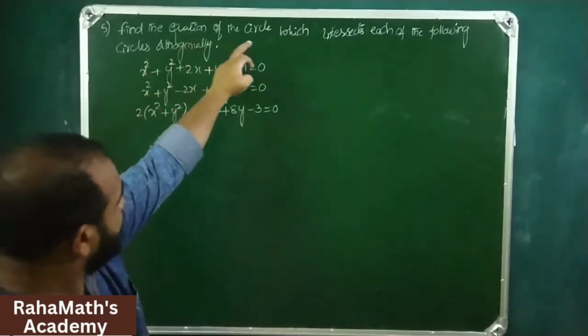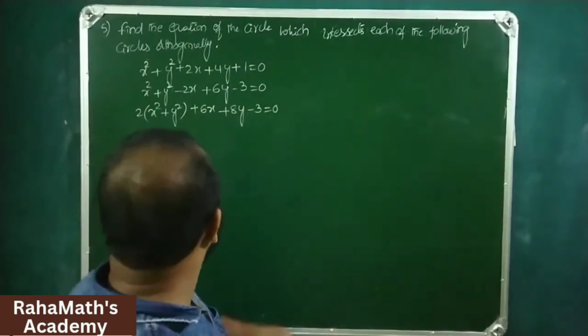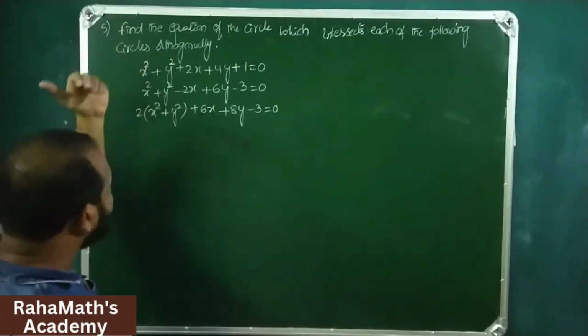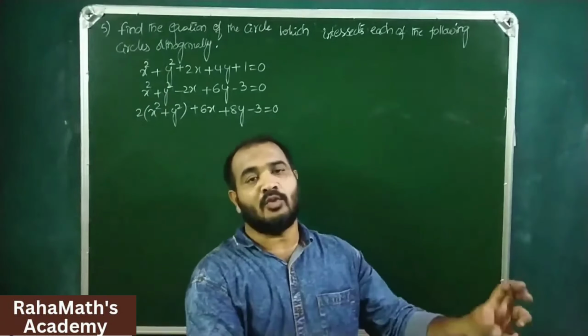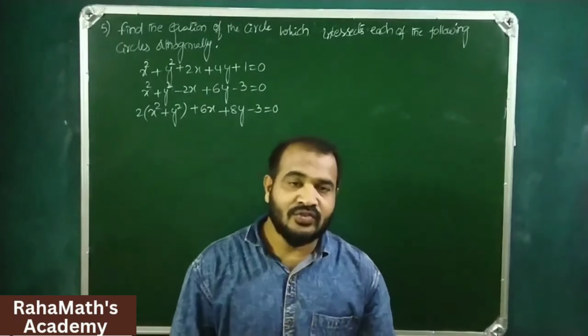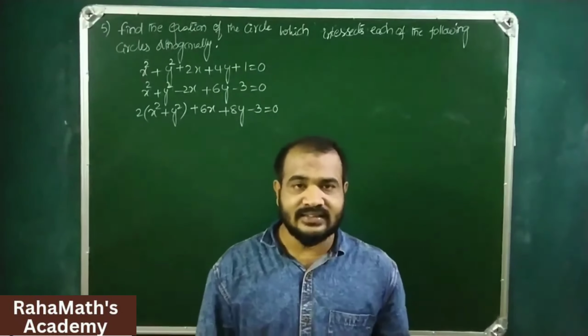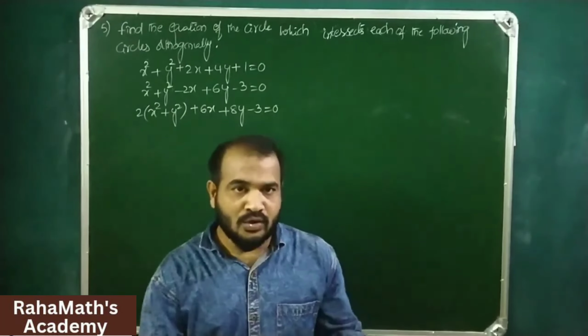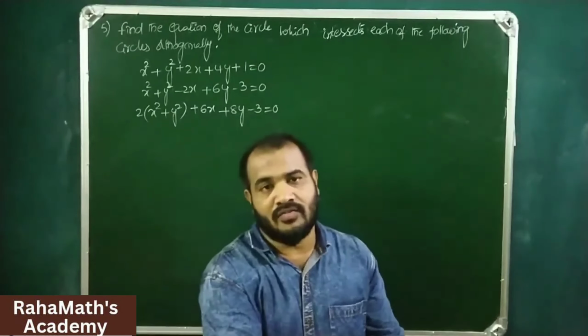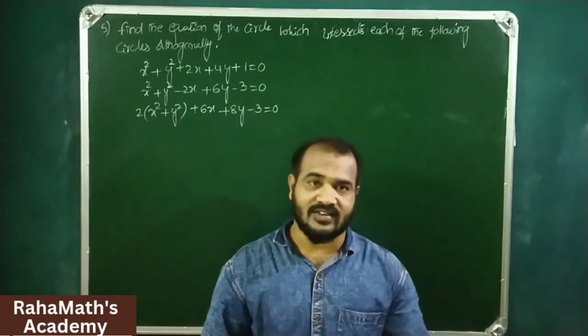Find the equation of the circle which intersects each of the following circles orthogonally. 3 circles are given. As far as this particular problem is concerned, the radical axis concept is not yet discussed, which we are going to discuss after a short while after this exercise.